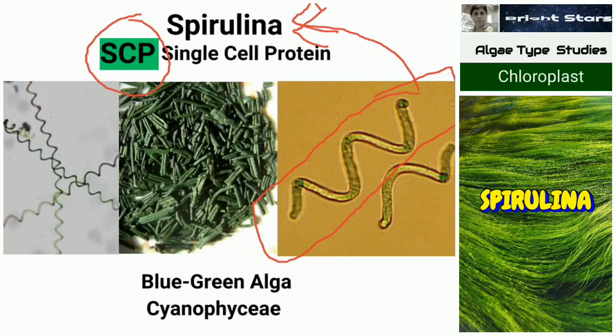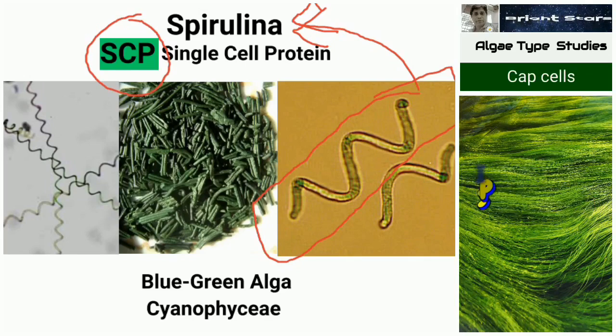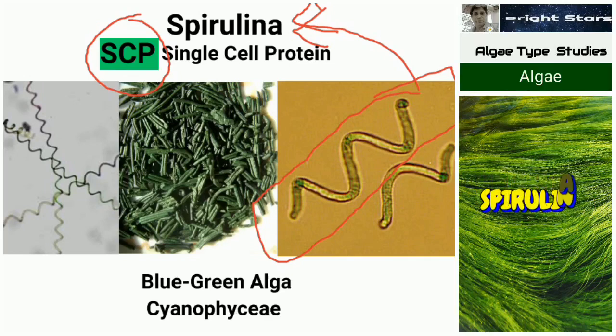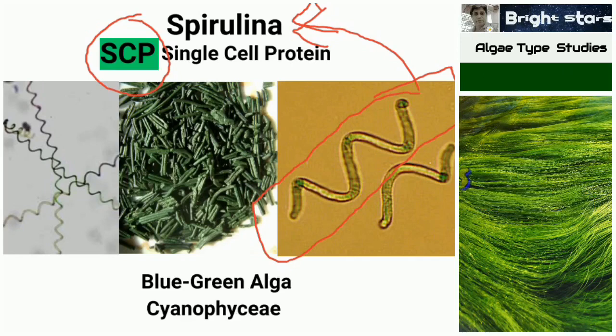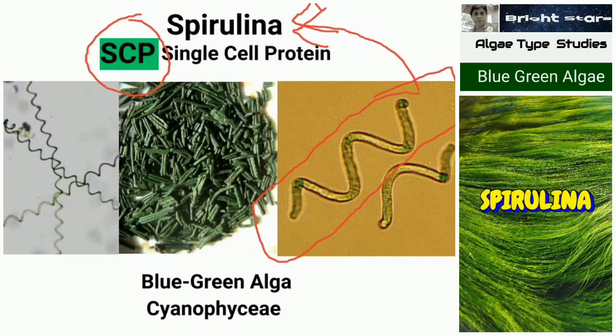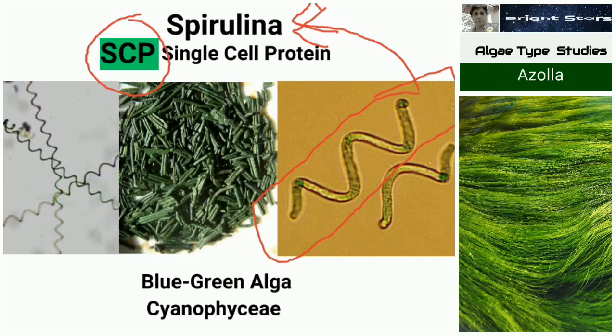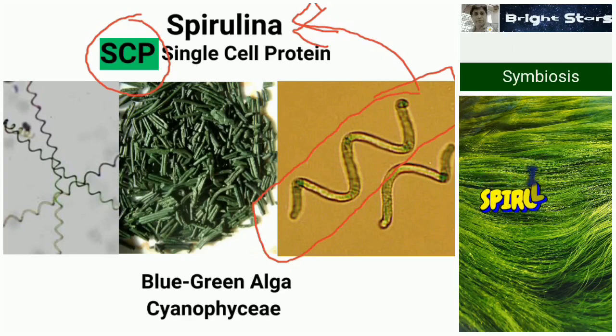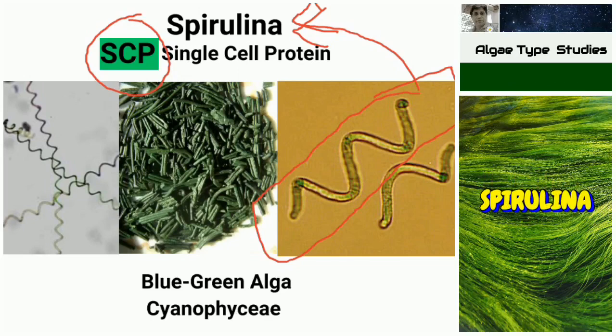In medical shops, we get a protein powder. That protein powder is nothing but single cell proteins. They may be Spirulina, Chlorella, or some useful bacteria. Mostly Spirulina and Chlorella are used as single cell proteins.